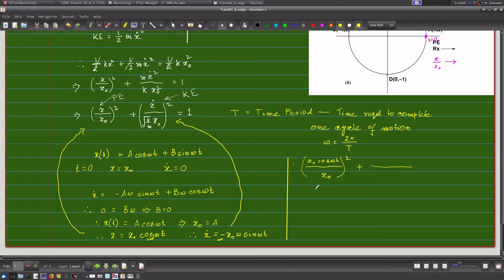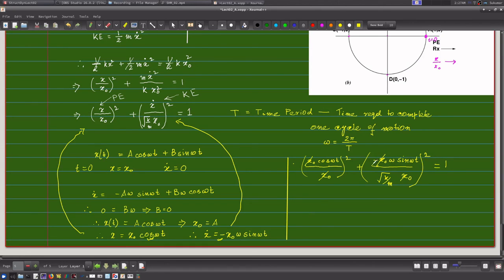What is x dot? X dot is minus x naught omega sine omega t by root over k by m into x naught, whole square, is equal to 1.